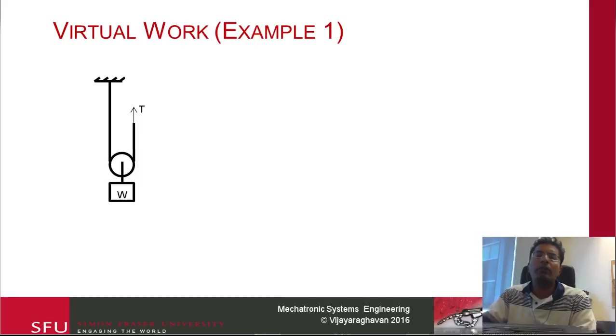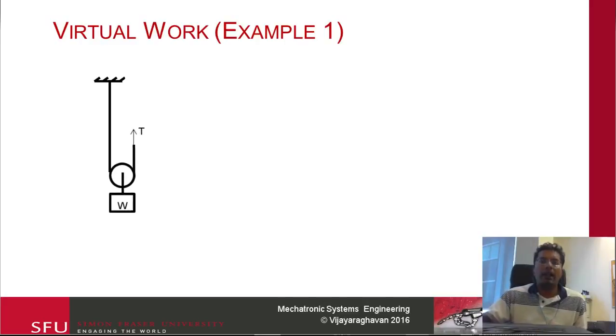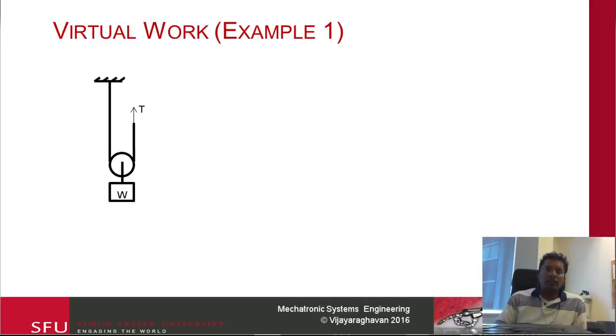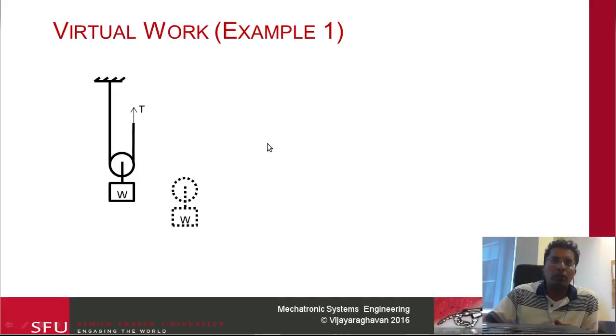For that, we first need to examine what happens when we try to move either the weight or the tip of the pulley by a particular distance. Notice that the rope actually travels twice the distance. If the weight moves down by 1 unit, the tip, or the location of this force, moves down by 2 units.